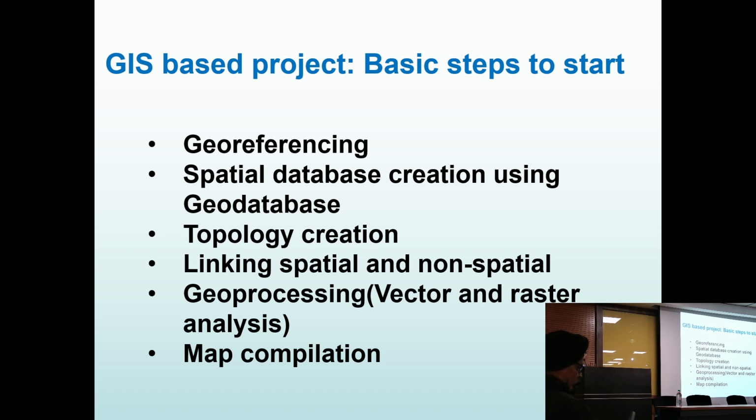Suppose for any district you have already created village boundary, so you can link those census data with your village boundary map, and then you can perform complex queries. So storage in tabular form, capability of linkage between spatial and non-spatial, then performing queries, those three are also possible in GIS, because GIS is supported by relational database management system.